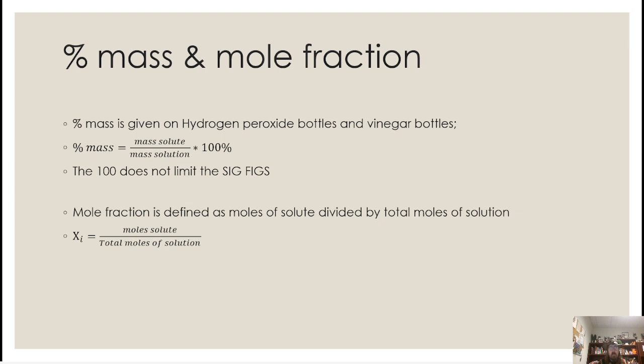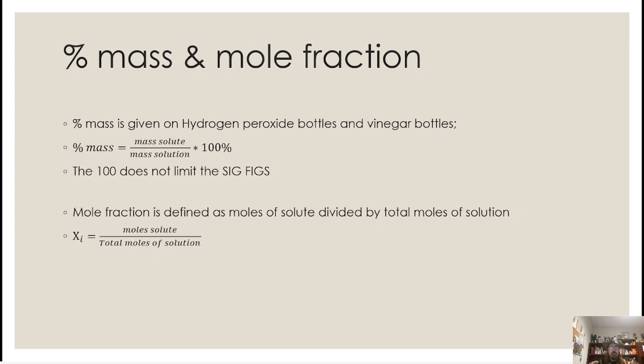Same thing with vinegar. Vinegar ranges between 5 and 10% active ingredient of acetic acid on the bottle when you buy it. 5% by mass, 10% by mass. At higher concentrations, it is dangerous, but at 5 and 10%, it's usually pretty benign. So we've done percent by mass before.